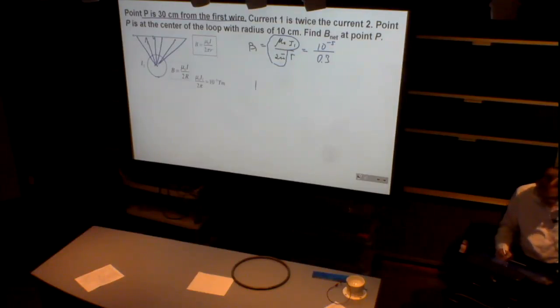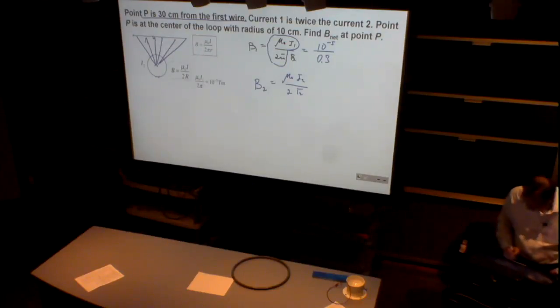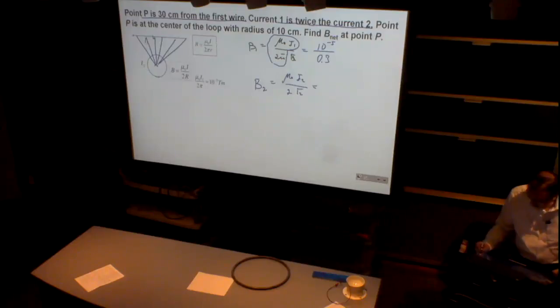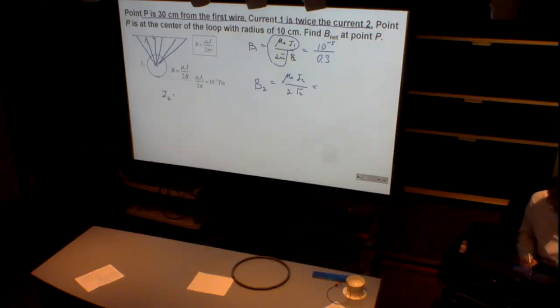And for B2, we should write a slightly different equation. And technically, it should also be labeled R1, R2. So, what do we know about the current? The current number 1 is twice the current number 2, which means the current number 2 is a half of the current number 1.